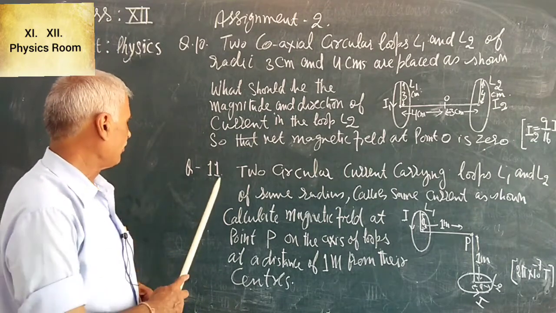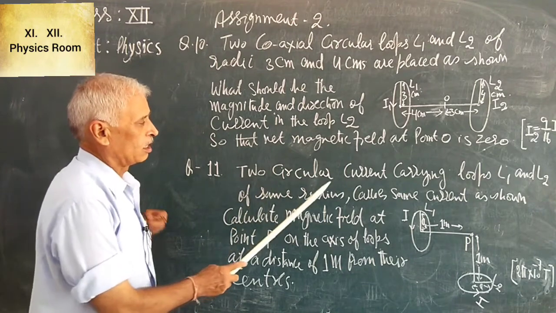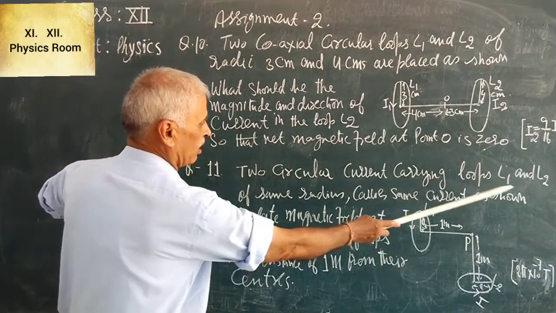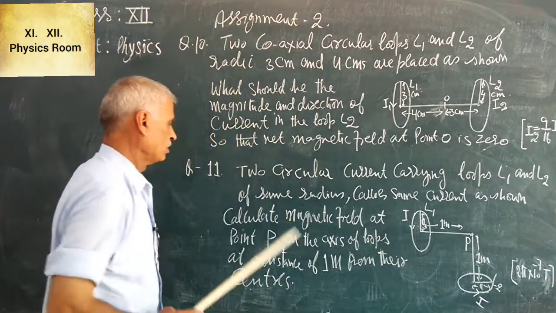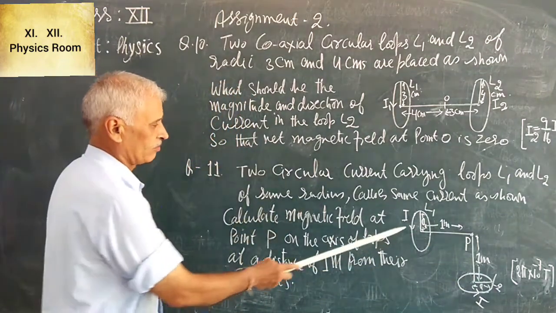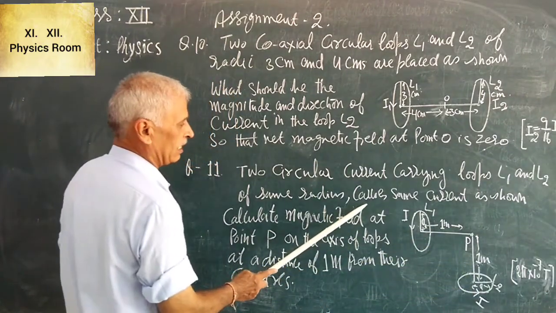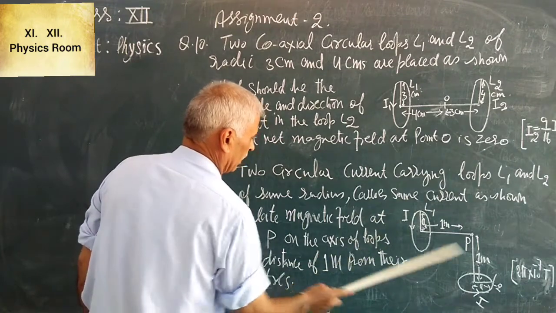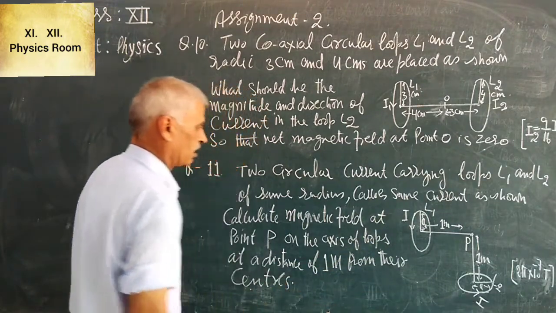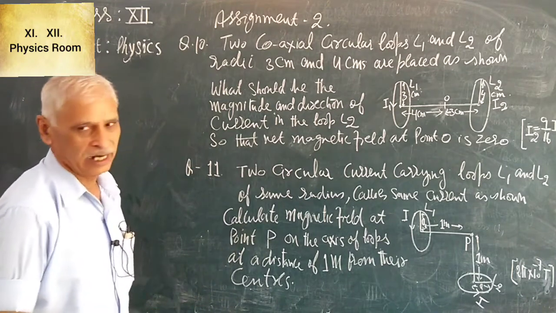Now question number 11. Two circular current carrying loops L1 and L2 of same radius carry same current I as shown.